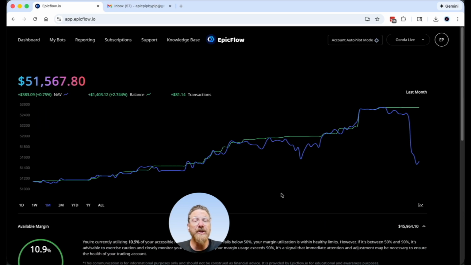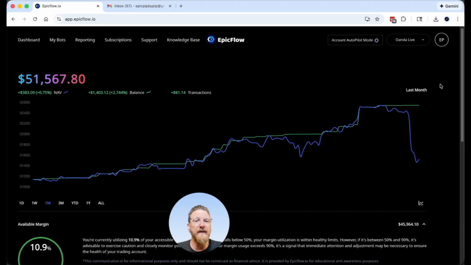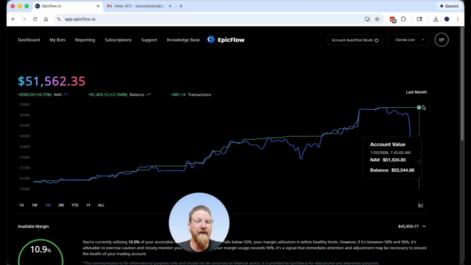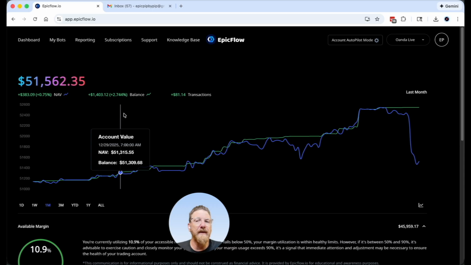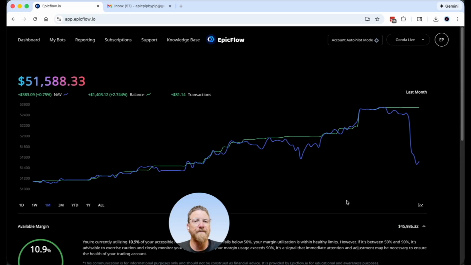And a big chunk of that came last night. You can see here that these two lines, green is our balance and blue is our NAV, our net asset value. So what that means is it is our balance minus the unrealized P&L. So this is what I call the current run. So this is the current in-flight trades.